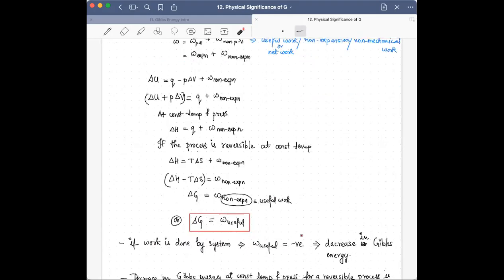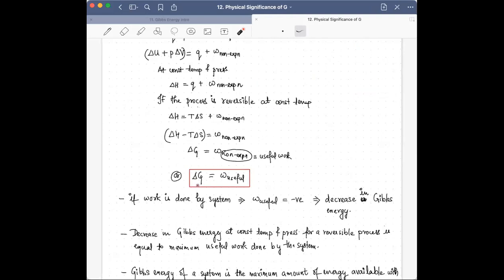So you can see delta G equals W useful, the work that you can obtain from a system. Now let us try to understand how this is of any meaning to us.